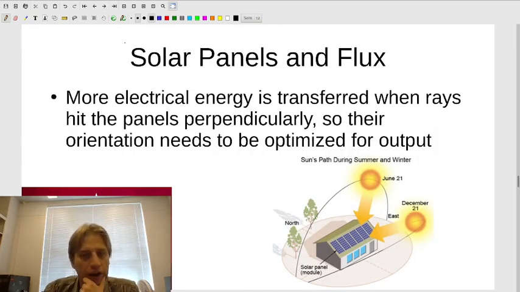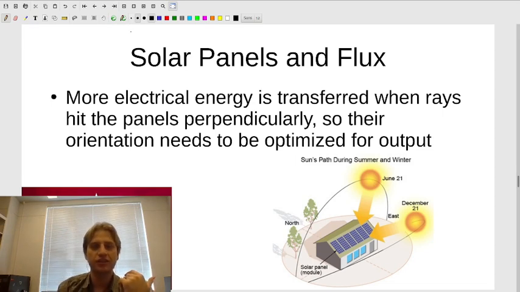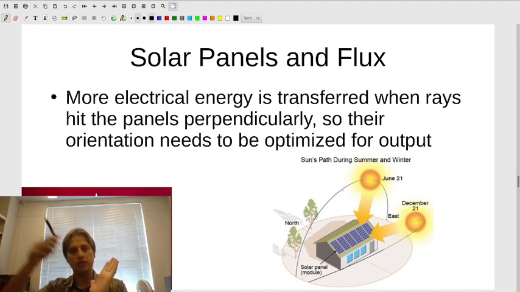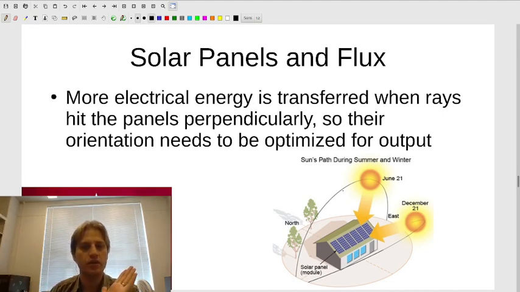So this is a subject that has some very clear relevance to our modern society. One way is that when you have to figure out what direction you want to orient your solar panels, for instance, you want to get those as close to perpendicular to the sun's rays as possible, so they soak up as much of that solar energy as you can.